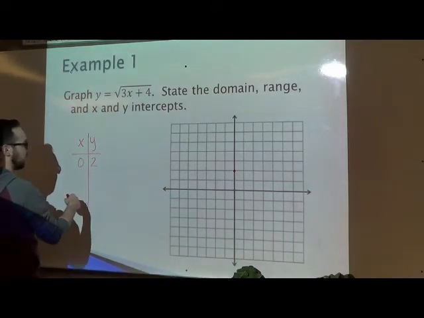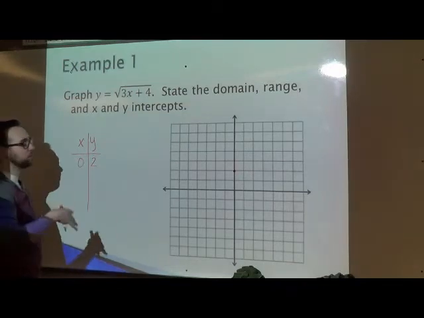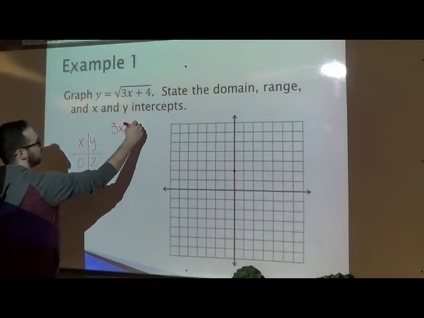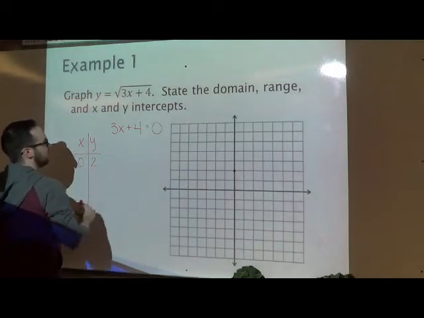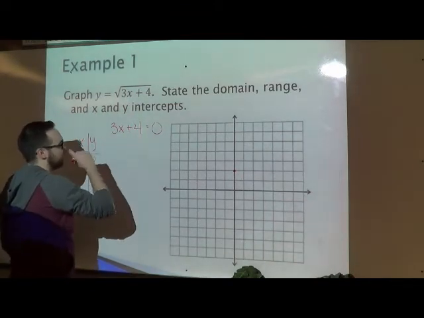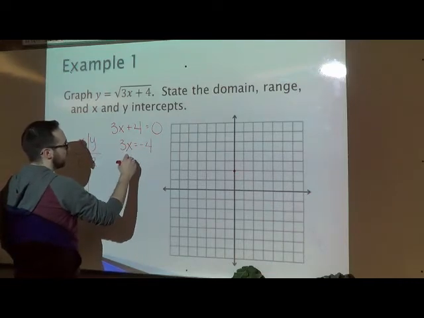So I can continue and find a few more values, but I am going to have to go negative. So how do we find out where to start? The easiest way would be to say 3x plus 4 is equal to 0. Find out where that equals 0. Subtract 4, so we get 3x is equal to negative 4.